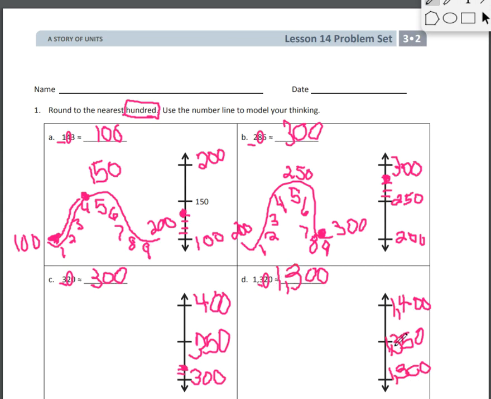If you leave it off, like I initially did, you are going to make a mistake because your answer is going to say that 1,320 is going to round to just 300. You're not going to include the 1,300. Make sure you don't make the mistake that I just did. Now, I corrected mine. Make sure if you've made that mistake that you have gone ahead and you've corrected yours and that you have the thousands place there where it belongs.